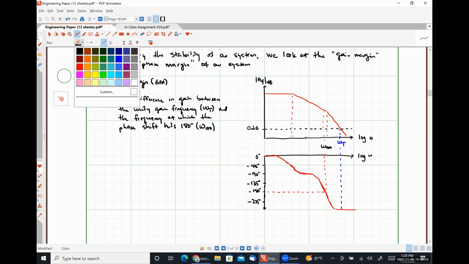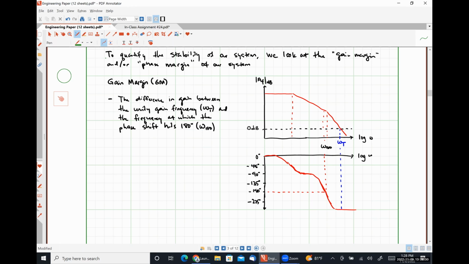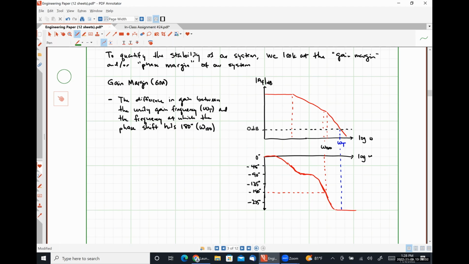So effectively, let's do this in green. We have some gain level here that is 0 decibels.